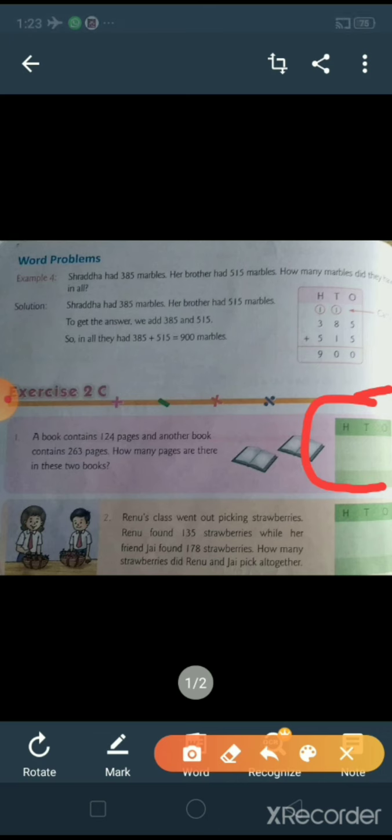Then we add. In ones, 4 plus 3 is equal to 7.